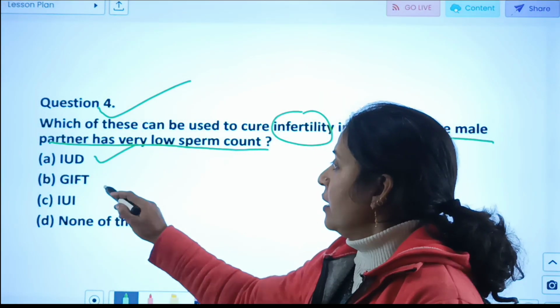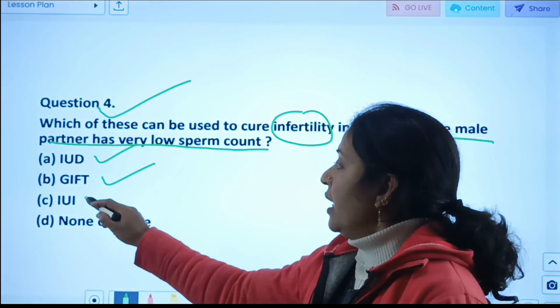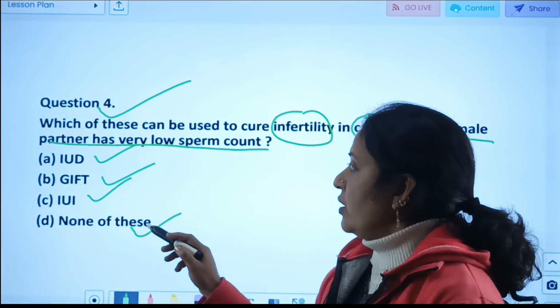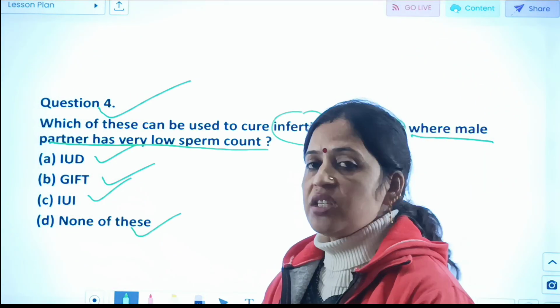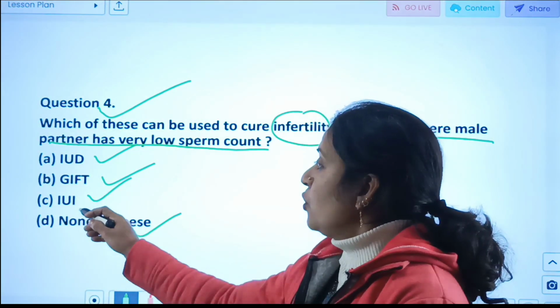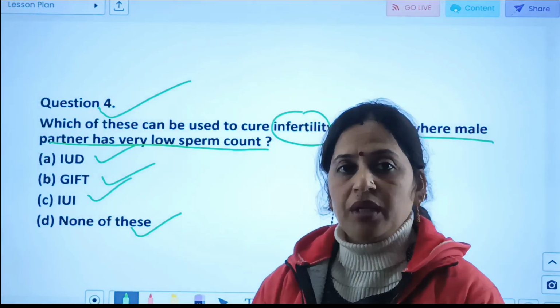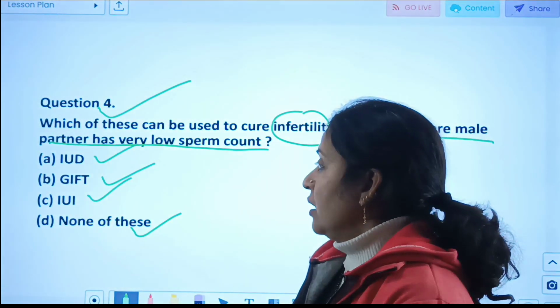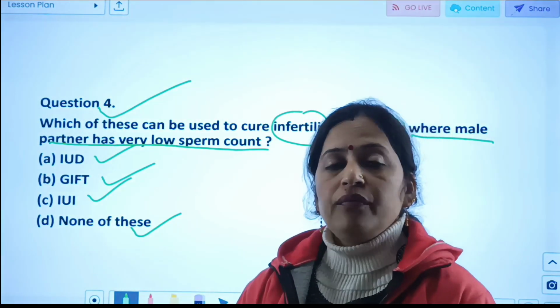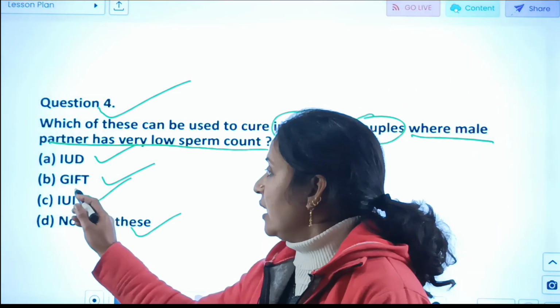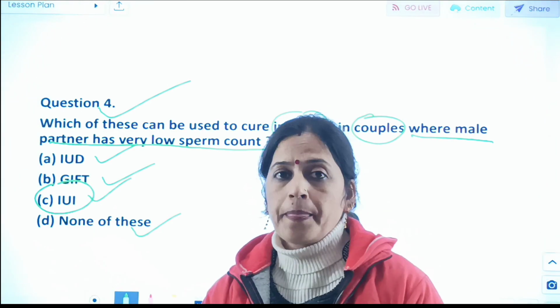Options हैं A IUD, B GIFT, C IUI, and D is none of these. IUD is intrauterine devices, GIFT is gamete intrafallopian transfer, IUI is the intrauterine insemination, where the sperms are directly injected into the female's uterus. So that technique is known as IUI.